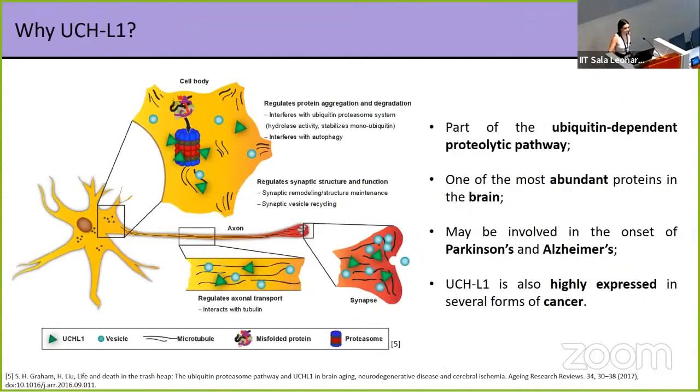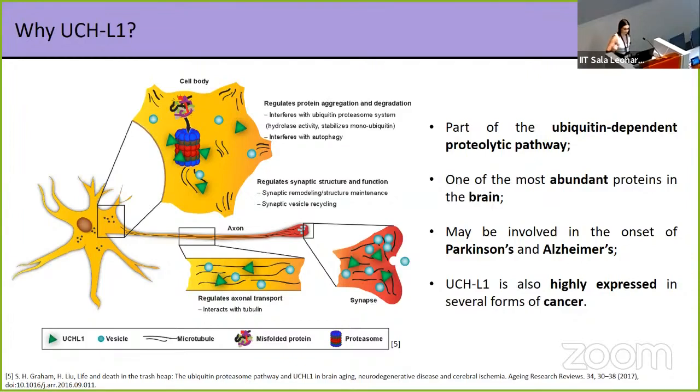As I told you, it is a very important part of the ubiquitin-dependent pathway. But on top of that, this protein is one of the most abundant proteins in the brain. Overall, it makes up 1 to 5% of the whole neuronal protein. And as if this wasn't enough, UCHL1 is also involved in both Alzheimer's and Parkinson's. This is due to the fact that UCHL1 has been found in Lewy bodies.